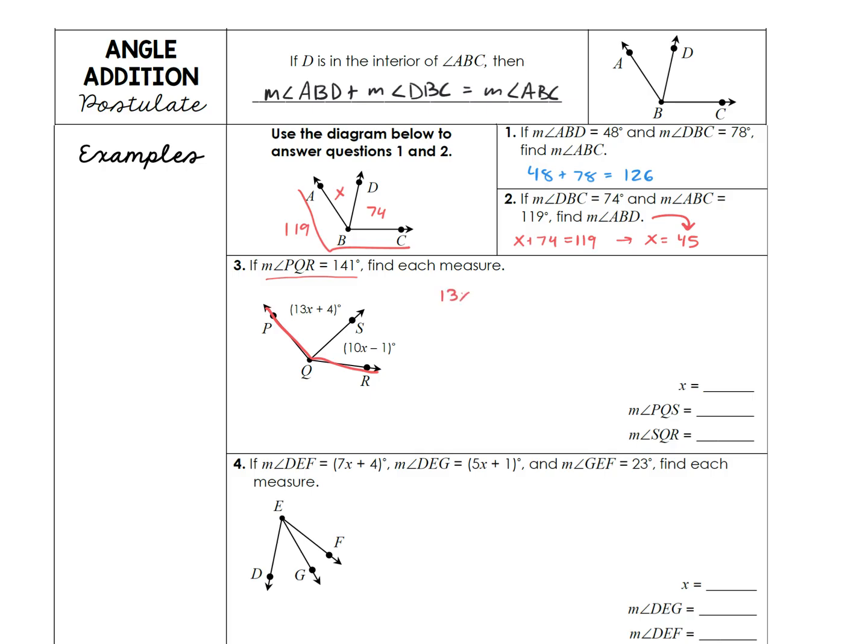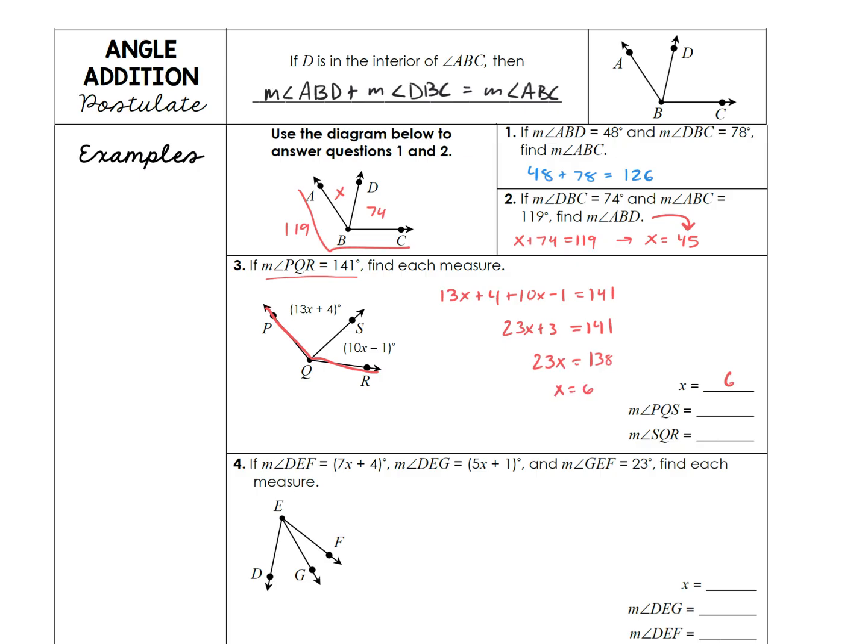So we can do 13x plus 4 plus 10x minus 1 is equal to 141. This will simplify down to 23x plus 3 is equal to 141. Subtract 3 from both sides and you get 23x is equal to 138. X is equal to 6.